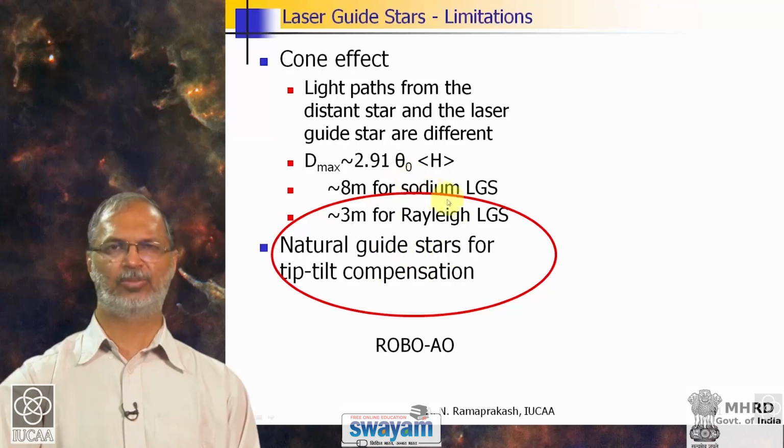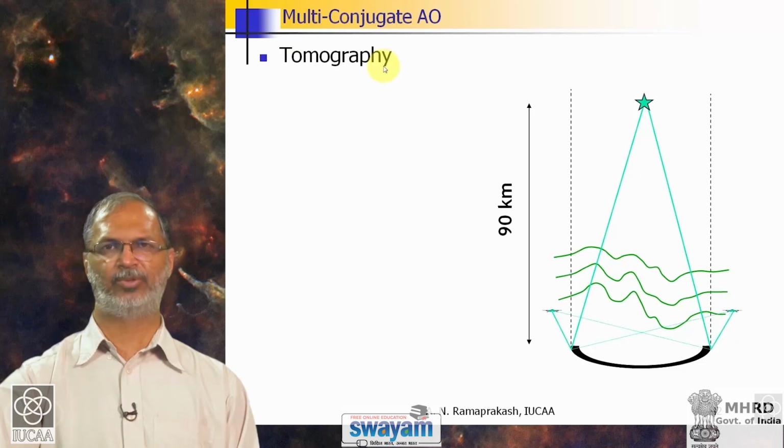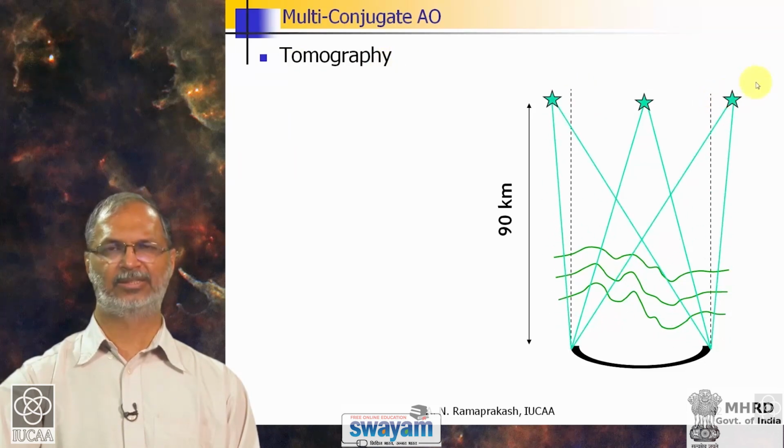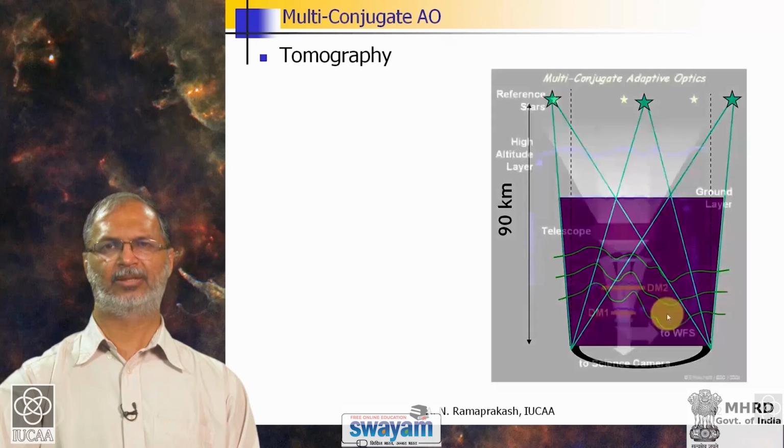On the other hand, when the telescope aperture diameter becomes large enough, this cone angle effect becomes more serious. At that point, you will need to do tomography of the atmosphere using multiple laser guide stars. So, instead of one laser guide star, you use multiple lasers pointed in a region around your target of observation, and using the information coming from these lasers, you combine that information and do a tomography of the atmosphere, of the net effect of the atmosphere, and then compensate for it.